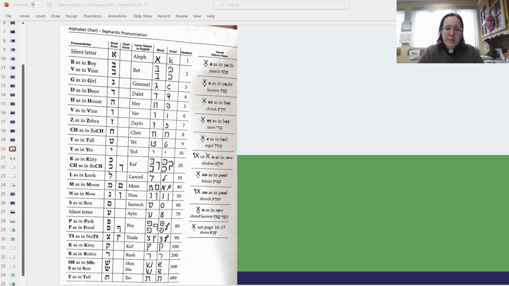So you will sometimes hear people say the alphabet like this: Aleph, Bet, Vet, Gimel, Dalet, Hey, Vav, Zayin, Chet, Tet, Yod, Kaf, Chaf, Lamed, Mem, Nun, Samek, Ain, Pei, Fei, Tsadi, Kof, Resh, Shin, Sin, Tav. You'll hear them say the alphabet like that.